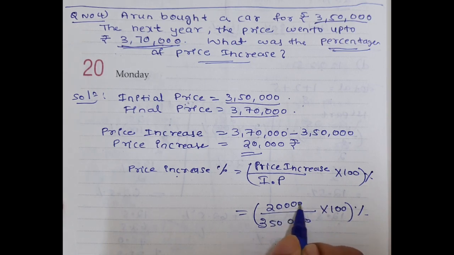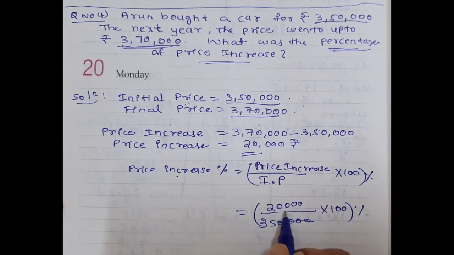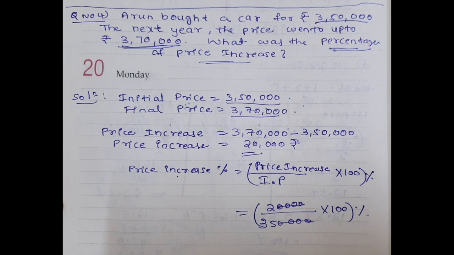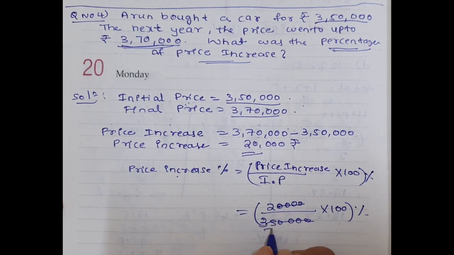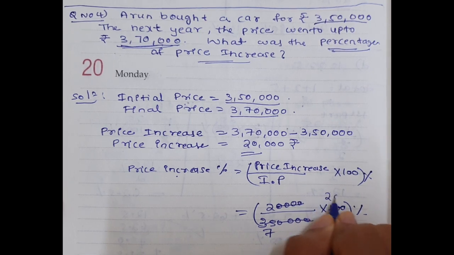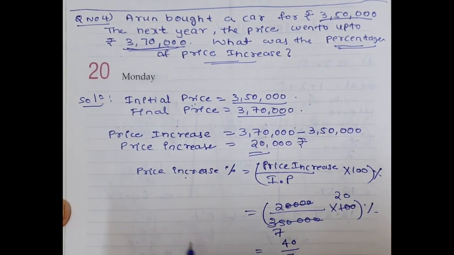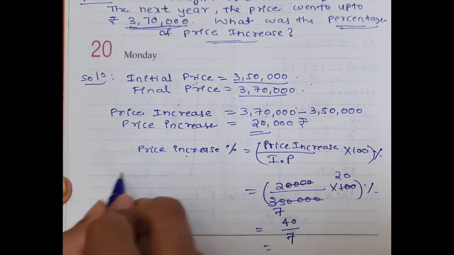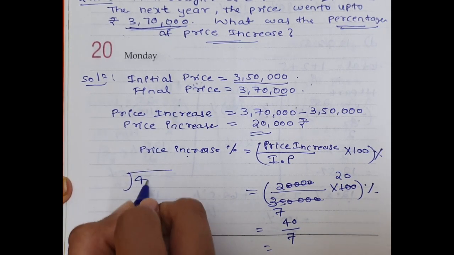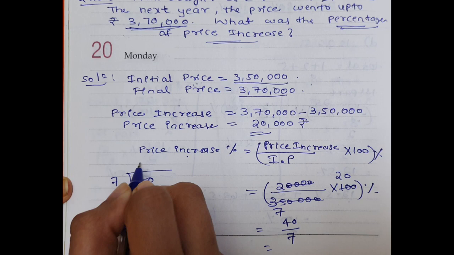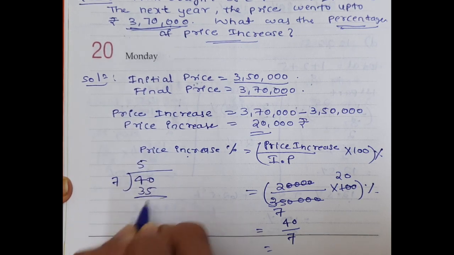4 zeros got cancelled. Now 5 sevens are 35, 5 twenties are 100. I got 40 divided by 7. 40 divided by 7: 7 fives are 35.